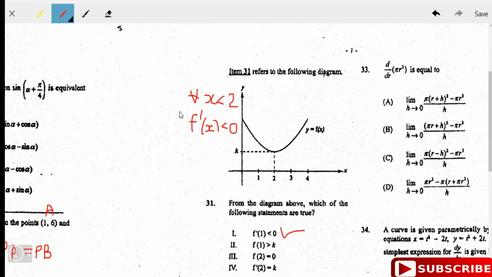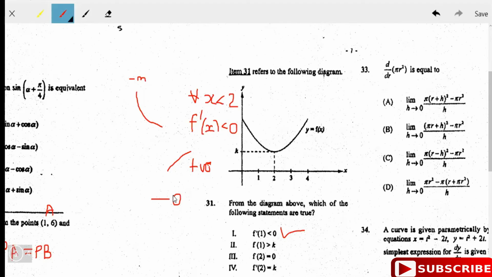So remember when we talk about gradient, when it looks like this, decreasing, this means the gradient is negative, it's a minus gradient. When it looks like this, positive gradient, and then when it's just a straight line like this, the gradient is 0.